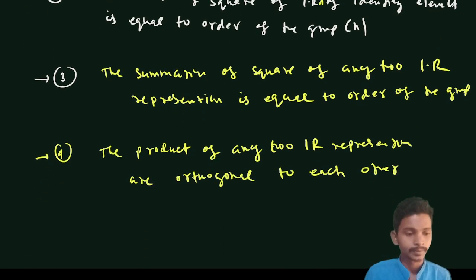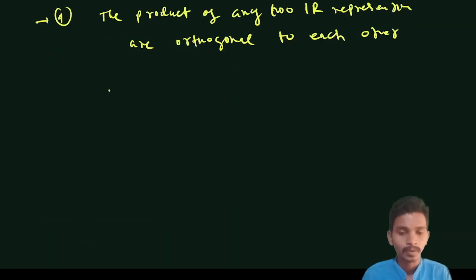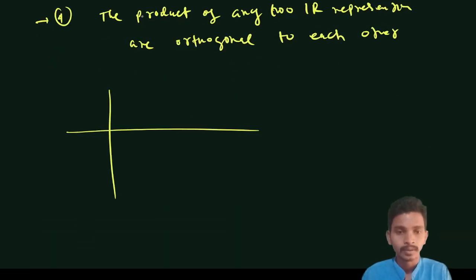So if you use these four formulas, let's say you take water. Here we will write the Schoenflies notation of the point group.